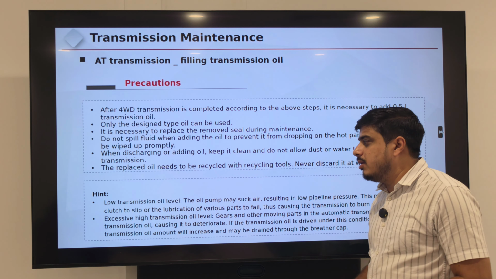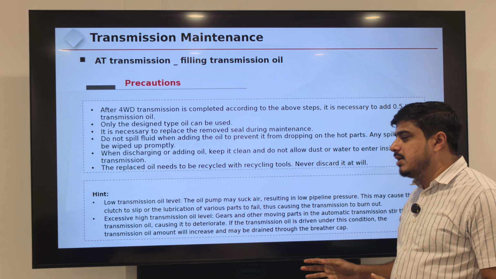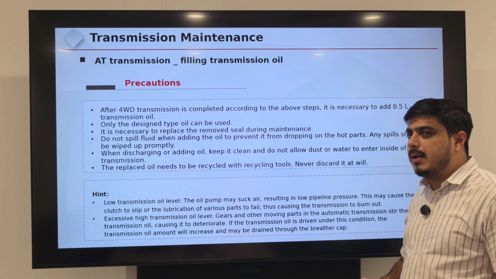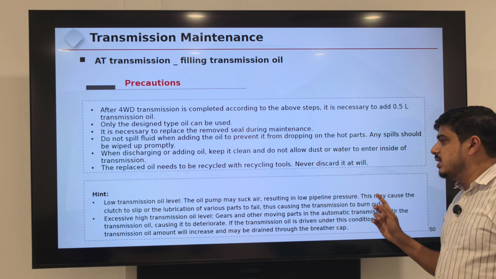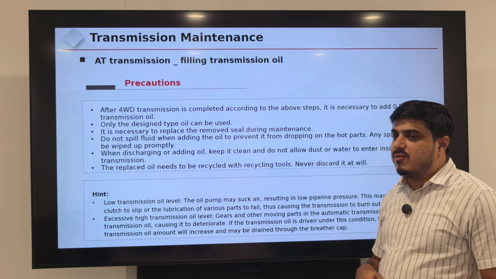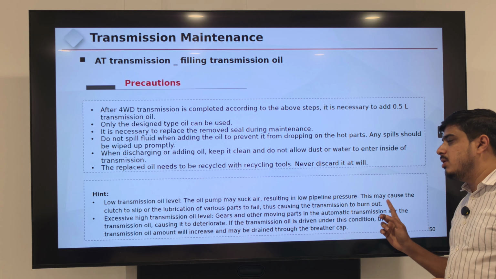Transmission oil level. What happens if the oil level is low? The oil pump may suck air inside the transmission, resulting in low pipeline pressure. This may cause the clutch to slip or the lubrication of various parts to fail, thus causing the transmission to burn out.